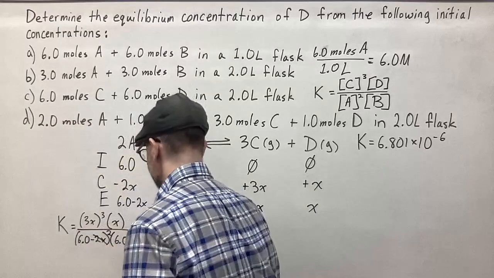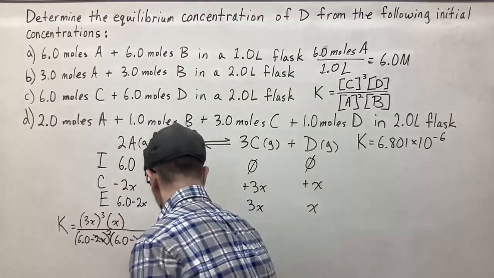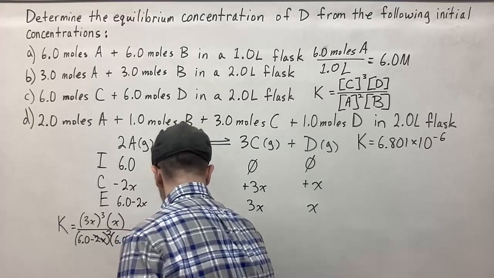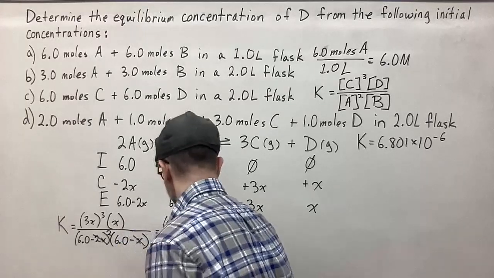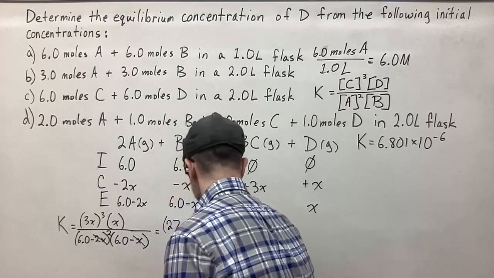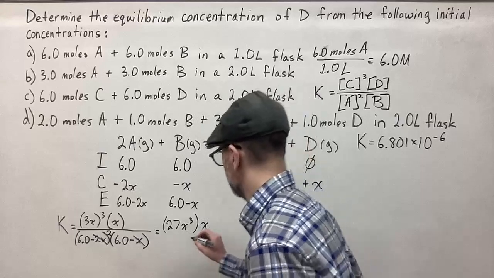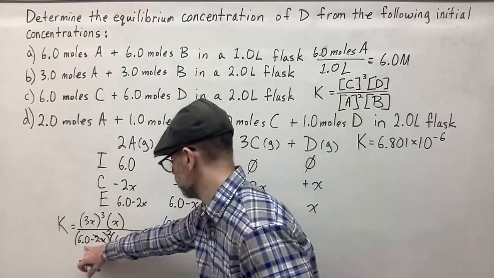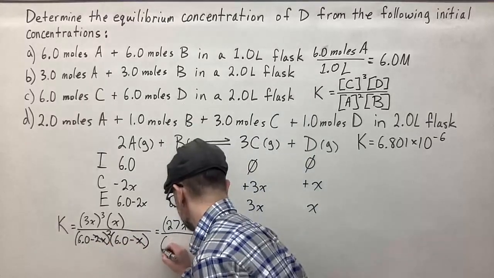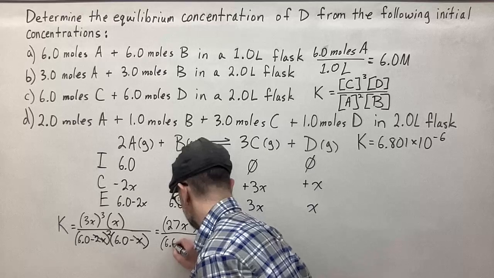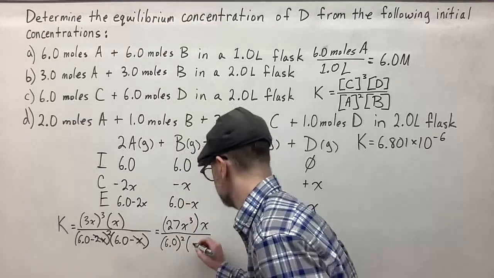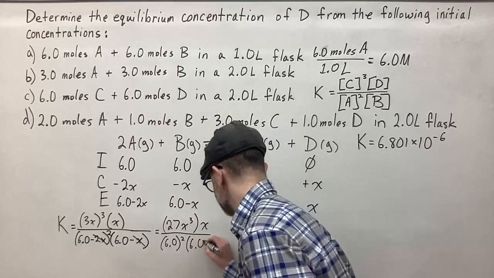So 3x cubed is going to be 27x cubed times x over 6.0 squared times 6.0.